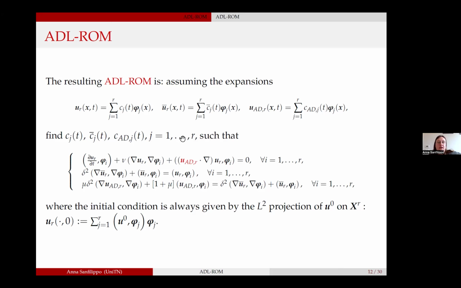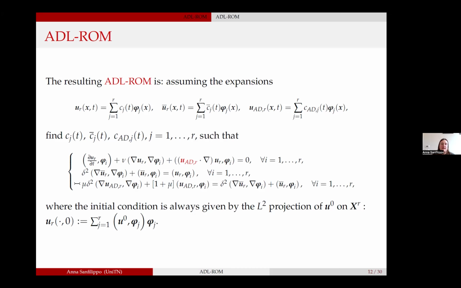So at each nonlinear step, in order to find the unknown UAD and to use it in the nonlinear term, we have to solve, first of all, the linear system to find U bar, and then the linear system or capital N Richardson iterations to find UAD.